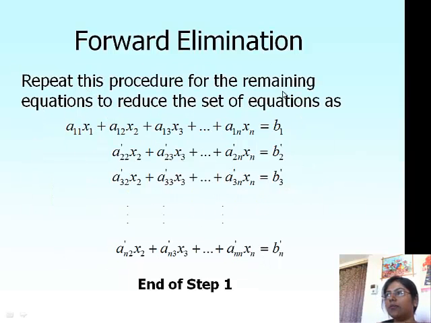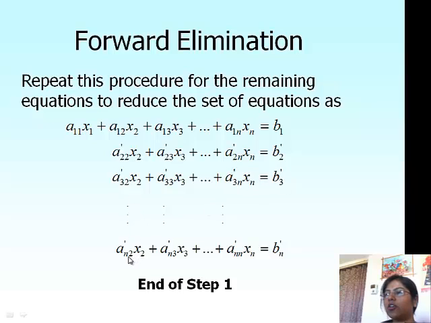If we repeat this procedure for the remaining equations, the set of equations reduces to a11 x1 plus a12 x2 plus a13 x3 plus up till a1n xn equals b1, a22 dash x2 plus a23 dash x3 plus up till a2n dash xn equals b2 dash, a32 dash x2 plus a33 dash x3 plus a3n dash xn equals b3 dash.